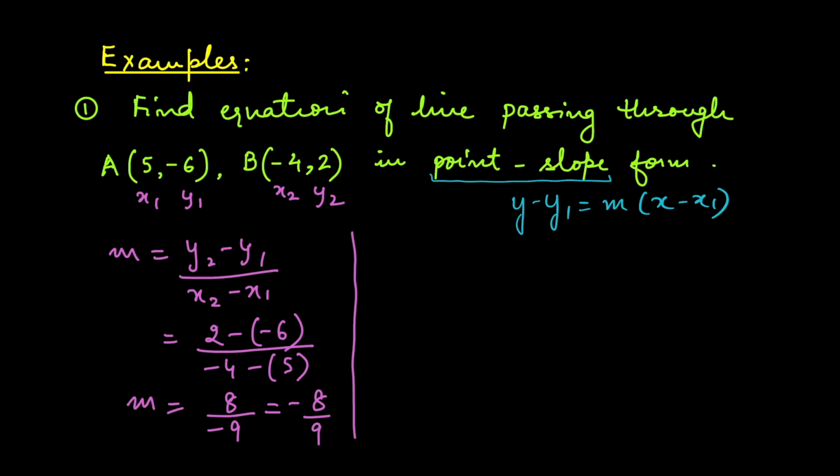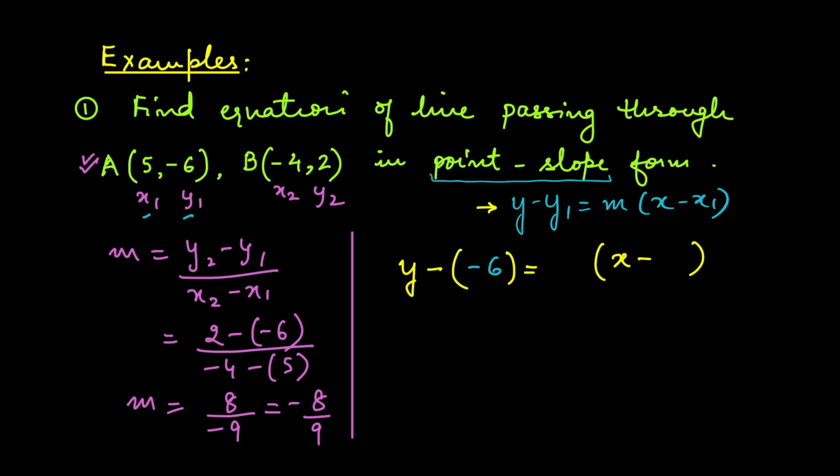So this is the slope. And now using this slope, we can use any one point, so I'm using this point. So now we write the equation. It is y minus y1. So here this is the formula, so we keep this place blank, and m we are going to substitute, and I'm writing x minus x1. Now this is your x1 y1, so we plug in the values here.